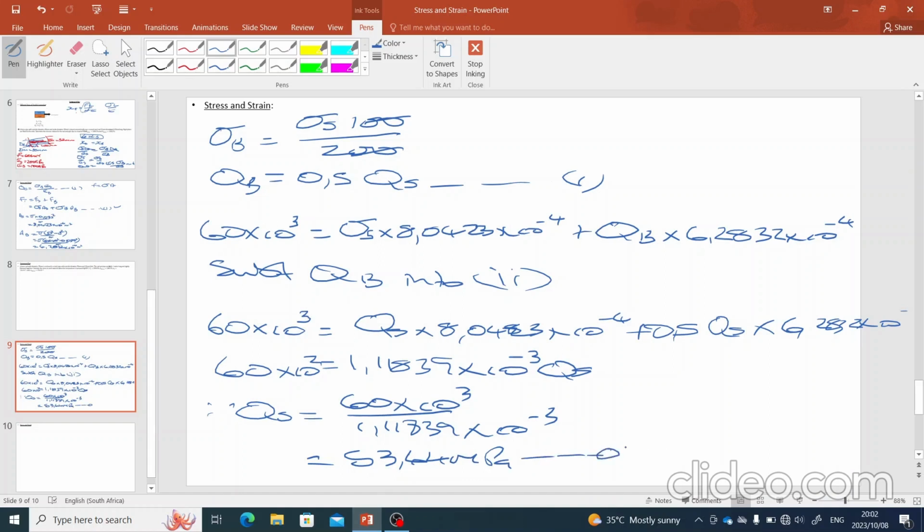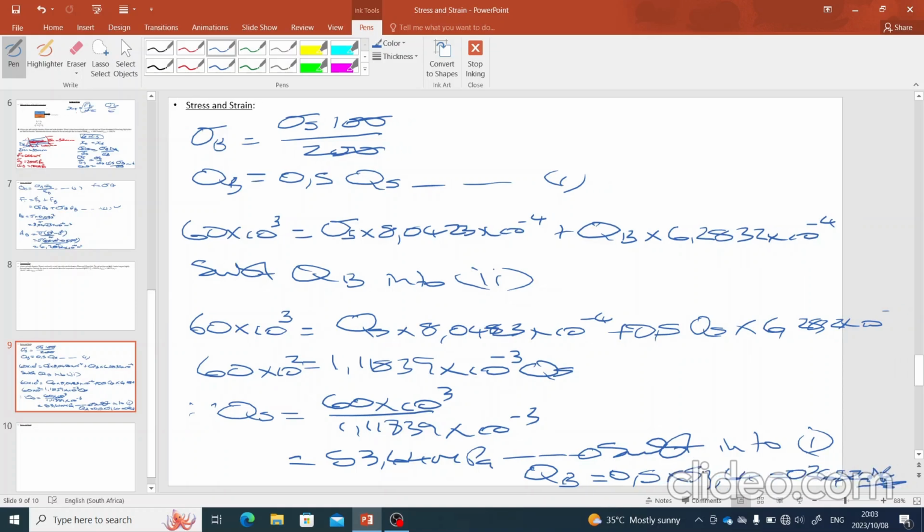Then you substitute this answer into the first equation to calculate the stress B. The stress B would be 0.5 multiplied by 53.64, because it is half of that. Then I got my stress as 26.824 megapascal.